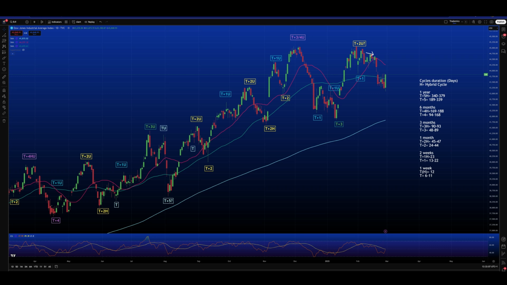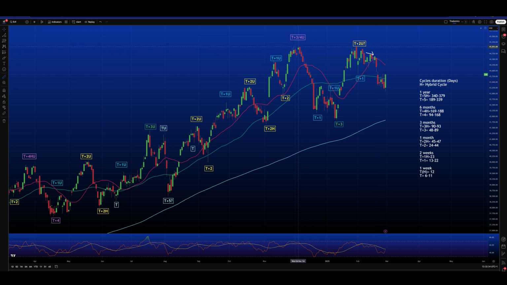On the Dow Jones, we have a different situation compared to Standard & Poor's and compared to the Nasdaq. This is not just in terms of time regarding the upward cycle, but I'm referring to the setting itself. So here, in the last analysis, I put the T+2 as the beginning of a monthly upward cycle, and what I was expecting was more downtrend.